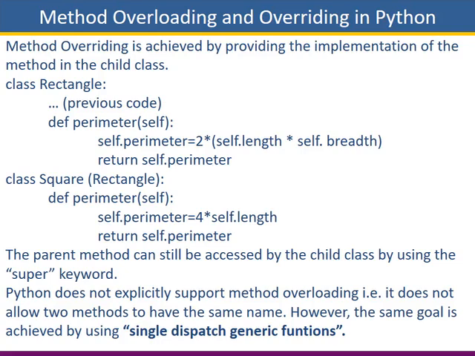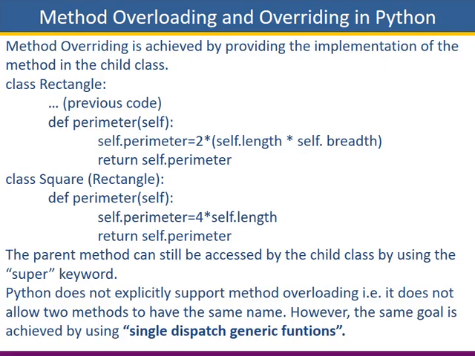The parent method can still be accessed by the child class by using the super keyword. So we use the super keyword when we want the child class to access the parent method.